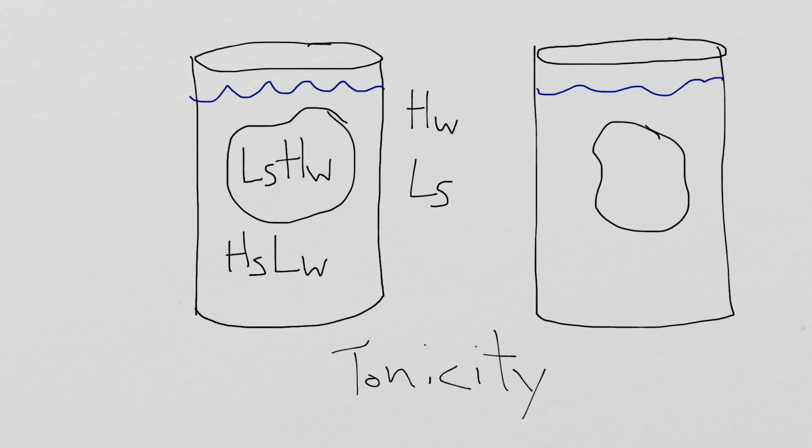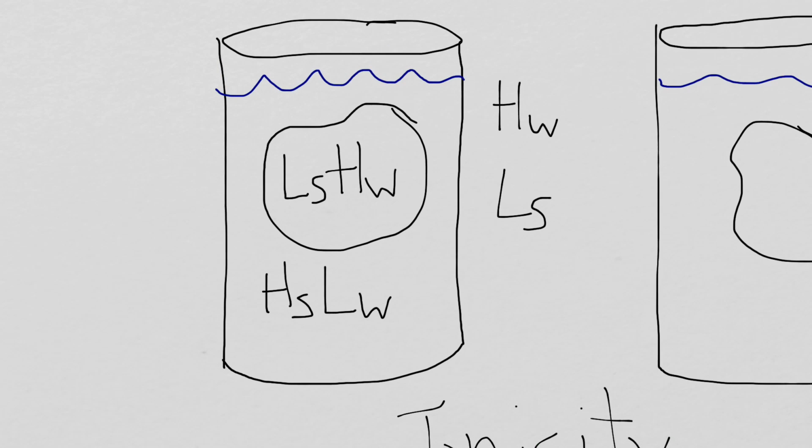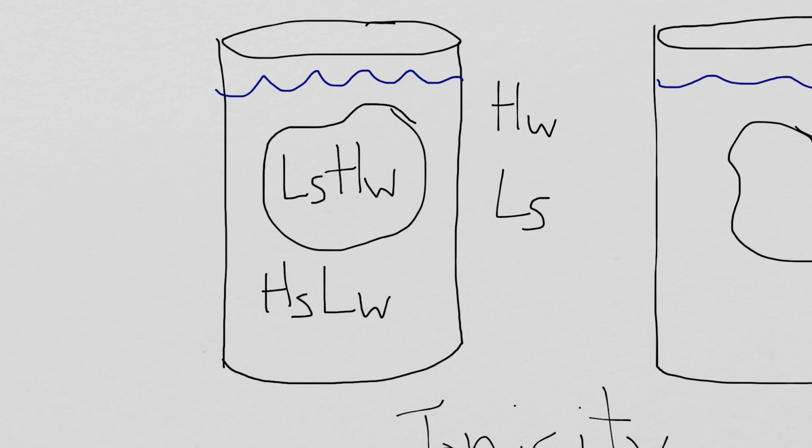Okay, so this is how we talk about that word called tonicity. With this first one, in the solution we have the high solute. If it is high solute, that is the one you want to pay attention to and label either hyper or hypotonic.